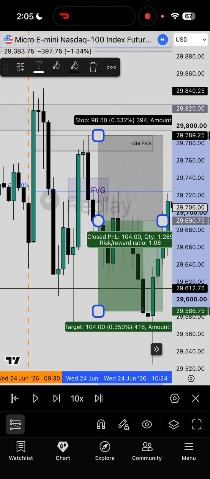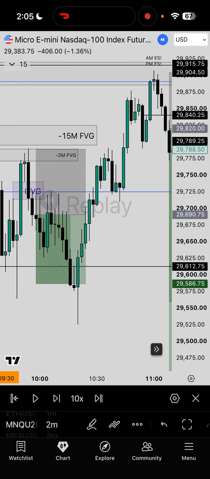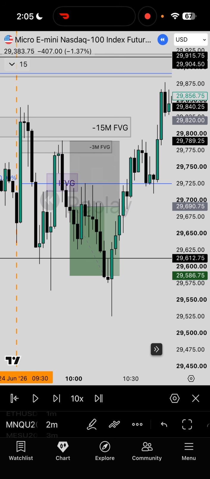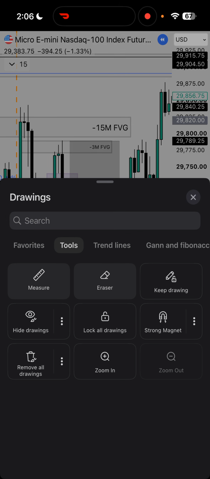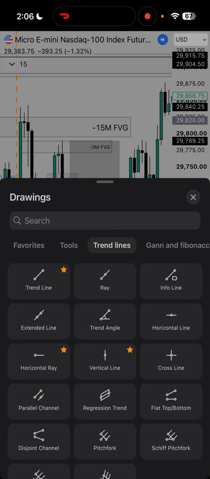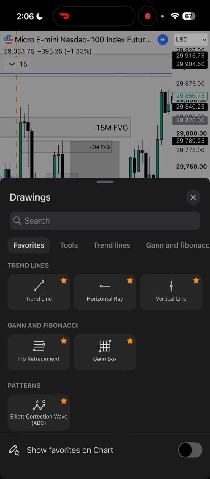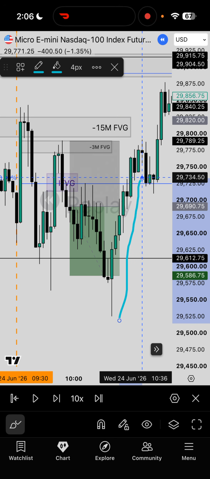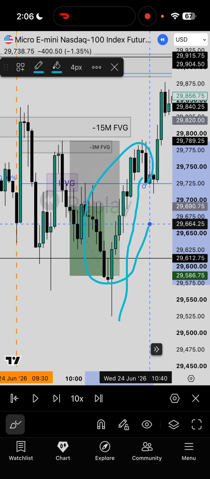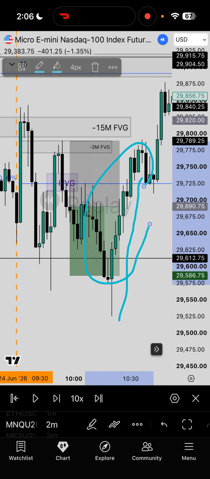As you see, the trade worked out beautifully. I got paid the 1 to 1, and then after this, price just kept going up, price is going up like this.